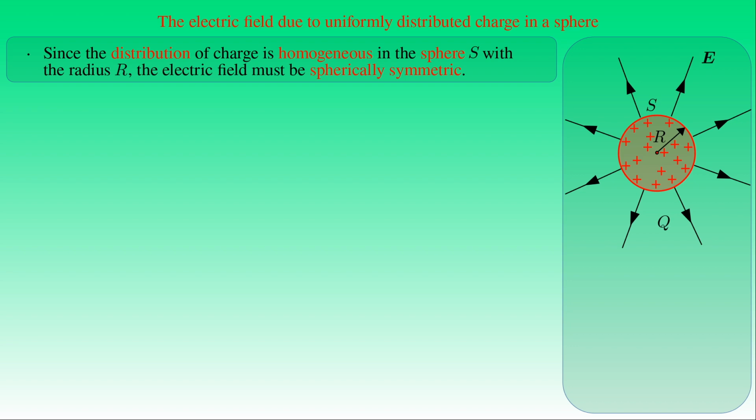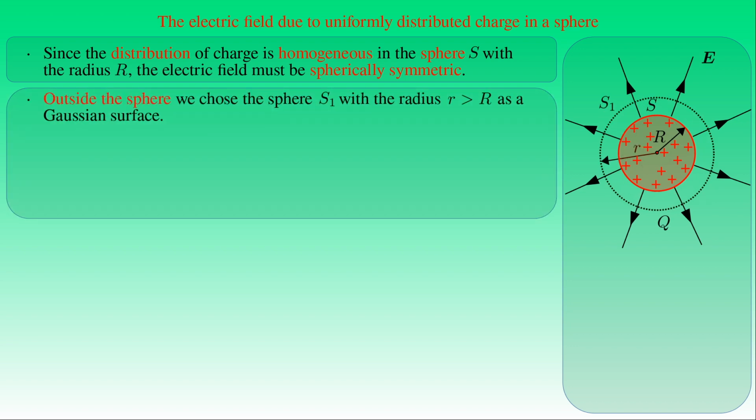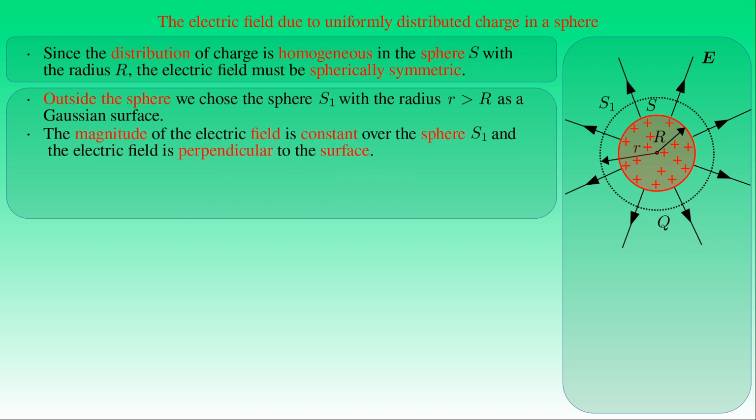If we examine the electric field outside the sphere S, we can choose a sphere S1 with a radius r greater than R as a Gaussian surface, which encloses the charged sphere. For such a choice, the magnitude of the electric field is constant over the surface S1, and the field lines are perpendicular to the surface. Here the integral of the electric field E due to the charged sphere over the Gaussian surface S1 can be written as the magnitude E of the field over the surface, times the area S1 of the surface.